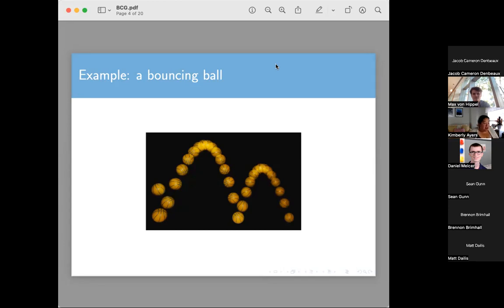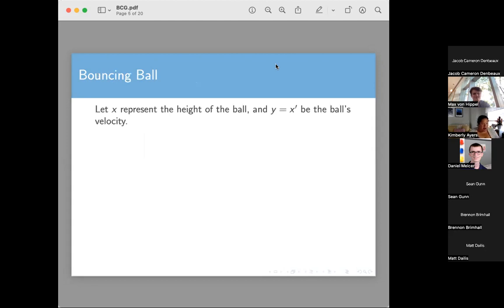If I were a mathematician, which I am, and I were trying to model a bouncing ball, one way I could do it is, let's let x be my variable that represents the ball's height, and y the ball's velocity. We know that velocity is the derivative of position or height, so y is x prime.